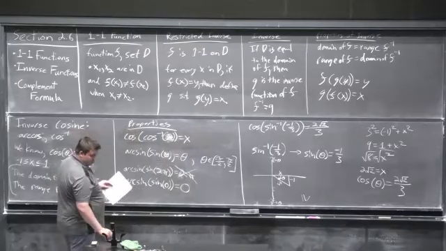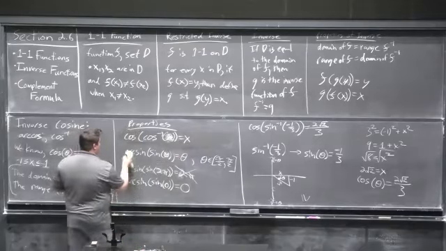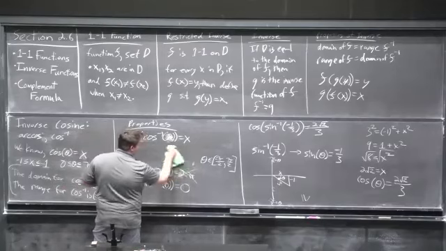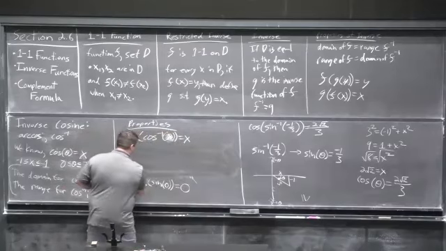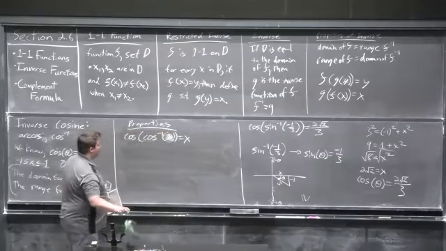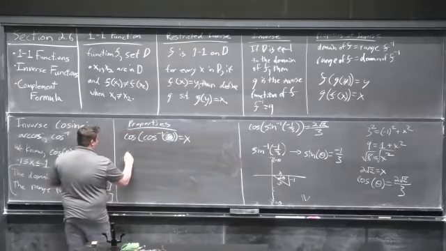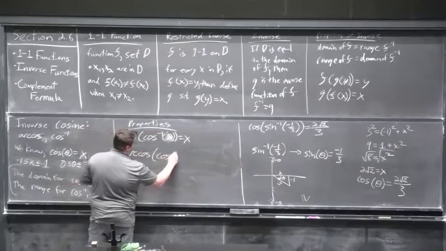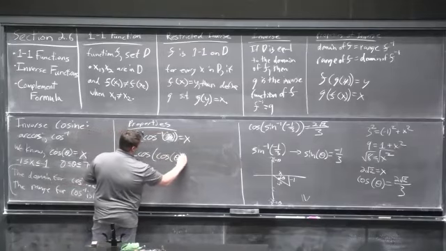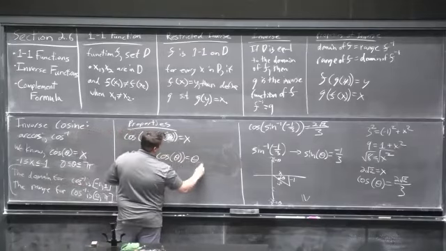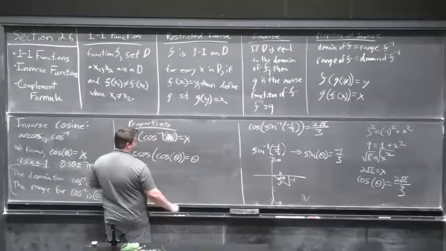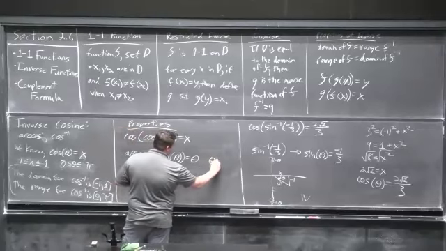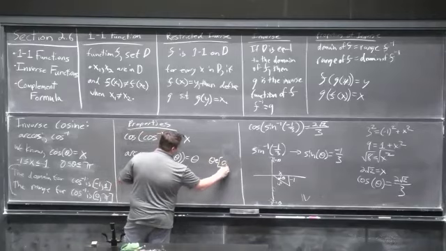And in a very similar stance, arc cosine of cosine of theta equals theta, but we have to attach that theta must be within 0 to pi.